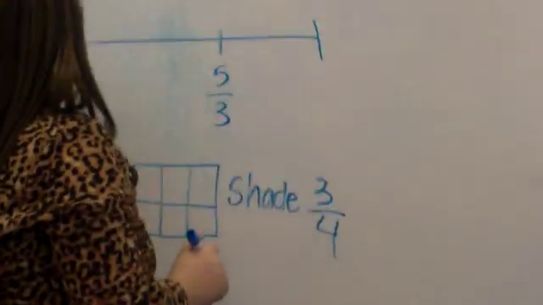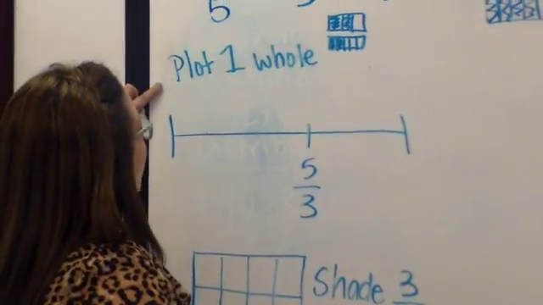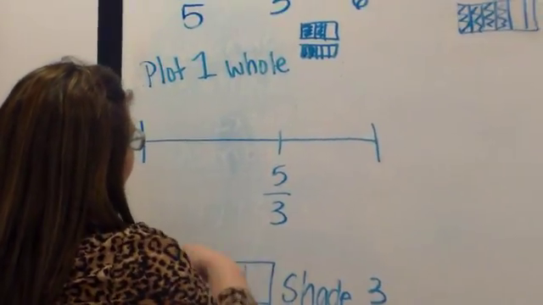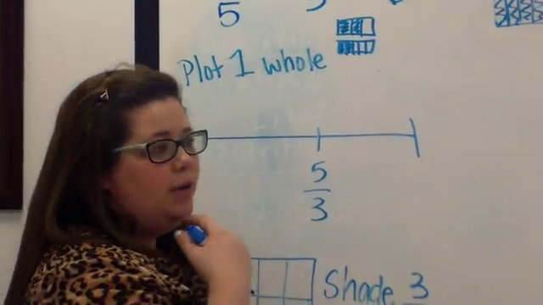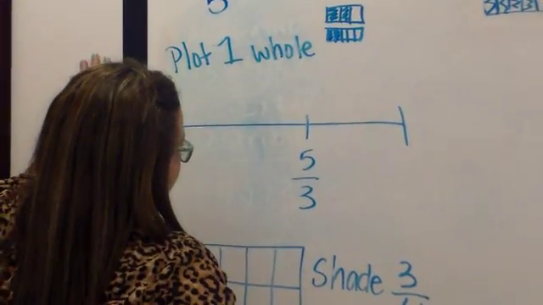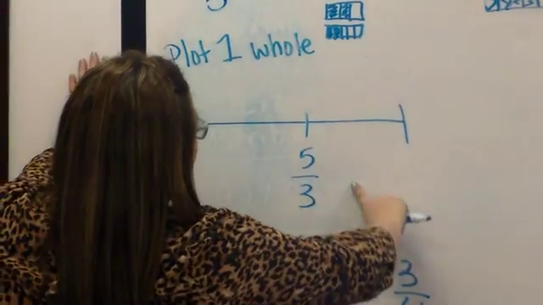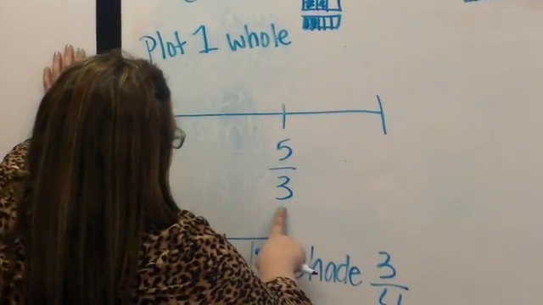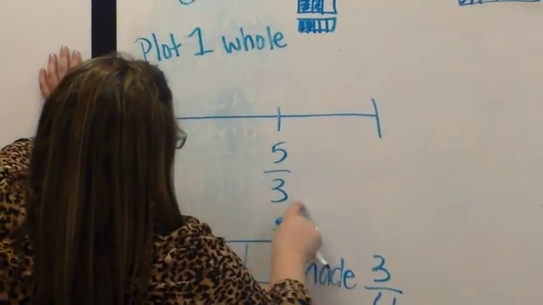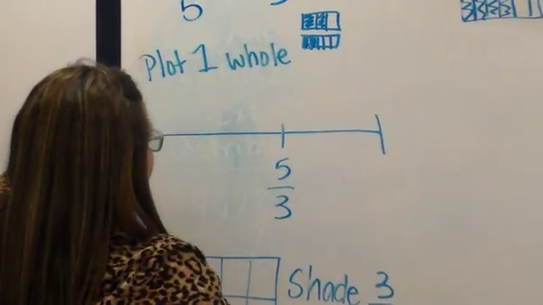Let's look down here. This question is asking me to plot 1 whole on this number line. Well, in looking at the fraction 5/3, I notice right away that that's an improper fraction. I can tell because the numerator is larger than the denominator. That tells me that this is a whole that's broken into only 3 pieces, but there are 5 of them.